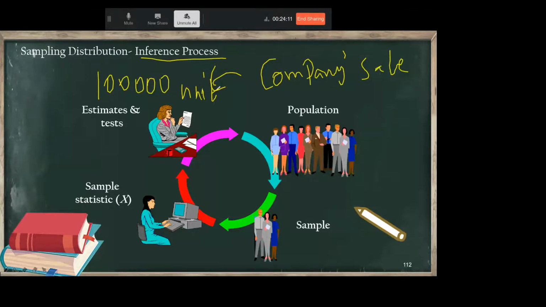For example, I have a company, as I told you, and I sold 100,000 units of pens to the students of Huachao University. Now, some of the students came back to my outlet and said, oh, this pen is not working.